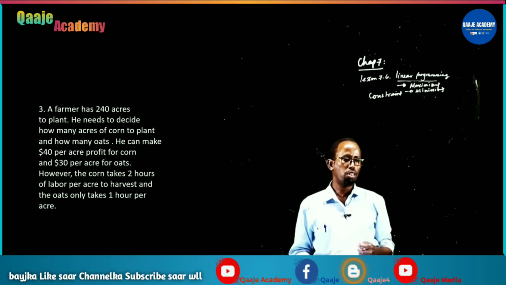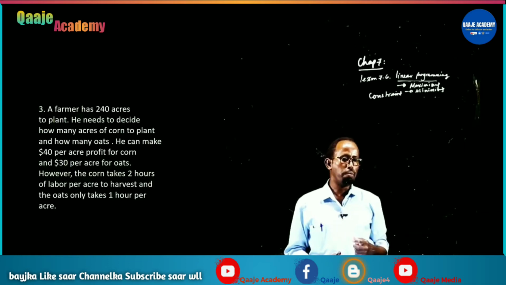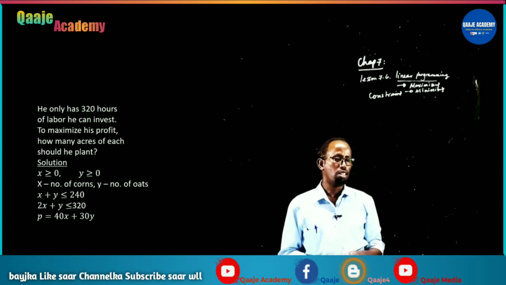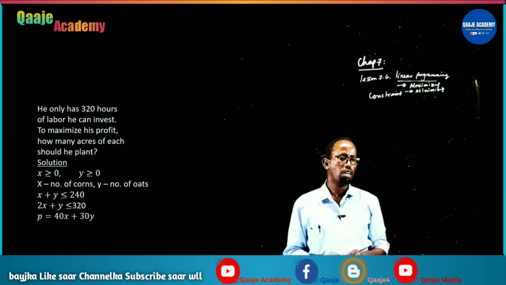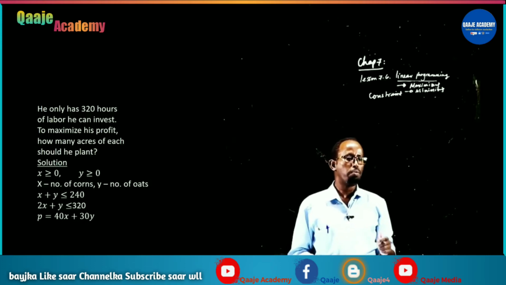The corn he makes 40 profit per acre and then 30 for the oats. However, the corn takes 2 hours of labor per acre to harvest, and the oats only takes 1 hour per acre to harvest. Now he only has 320 hours. The total number of hours is 320 of labor he can invest. To maximize his profit, how many acres of each should he plant?